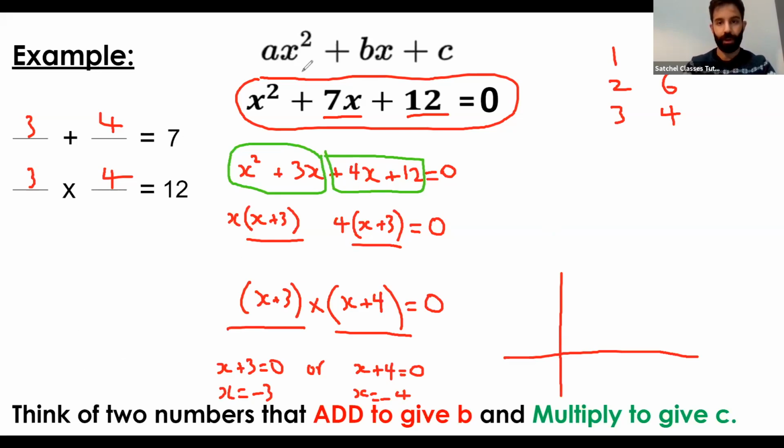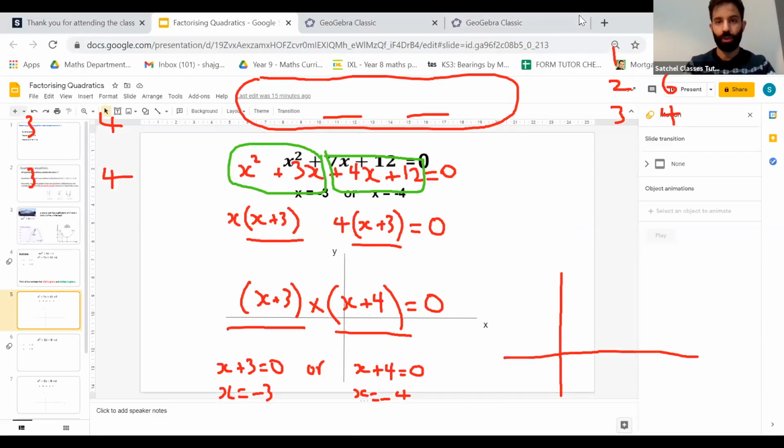So if I can just leave the slides, and if we go on Geogebra over here, we can see what our graph would actually look like. So we said the values of x are minus 3 and minus 4.